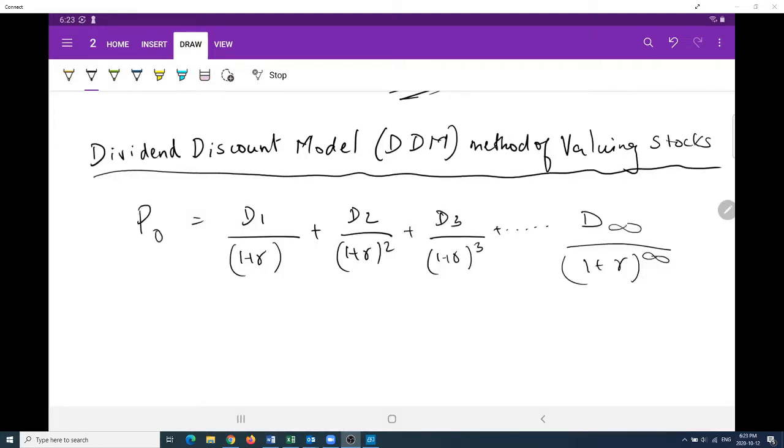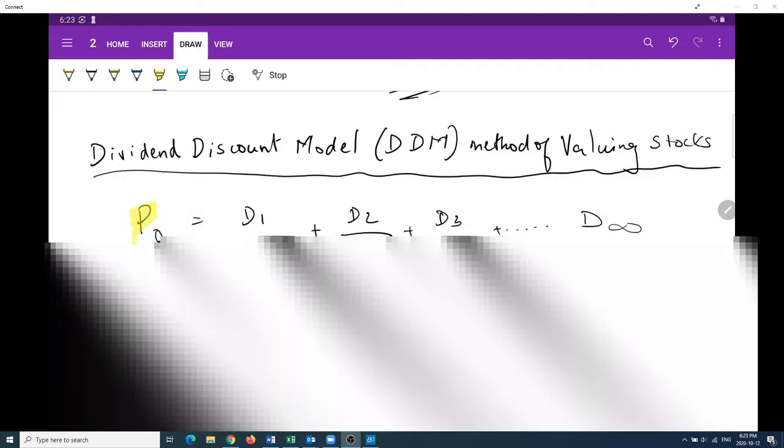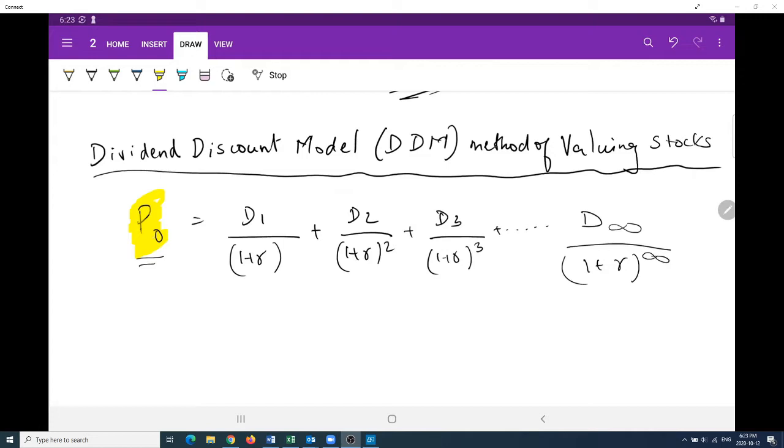If you're thinking about every quarter or every 6 months, it could be quarterly dividends. And you take the present value of all of them, you could forecast all the dividends till infinity, and the price of your stock should be the present value of all that. And that is the dividend discount model in its essence, right?